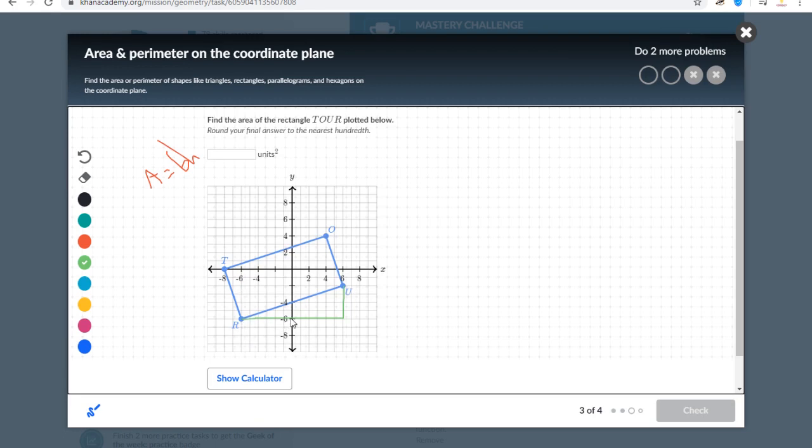So 6 plus 6, that's going to give you 12 across, and 1, 2, 3, 4 up. So it's 12 squared plus 4 squared, which is 144 plus 16. And that's going to give you square root of 160.